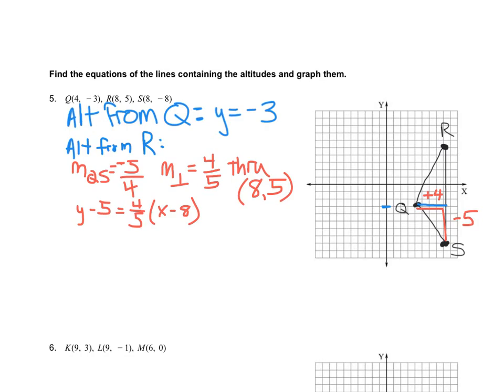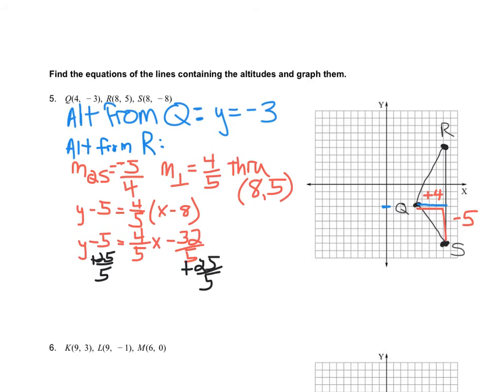And we'll do a little bit of arithmetic on that. So y minus 5 is going to equal, distributing the 4/5, we would have 4/5 x minus 4 times 8 is 32, so 32/5. And when we think about adding our 5 to both sides, I would encourage you to add actually how many fifths 5 is, which is 25 over 5, because you've already got a fraction working on this right-hand side.